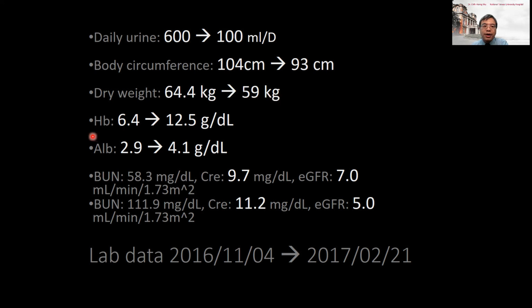There is a significant improvement of his anemia from 6.4 to 12.5 hemoglobin, and improvement of the hypoalbuminemia from 2.9 to 4.1. And as you can see, there is a further deterioration of the renal function from eGFR 7 to eGFR 5.